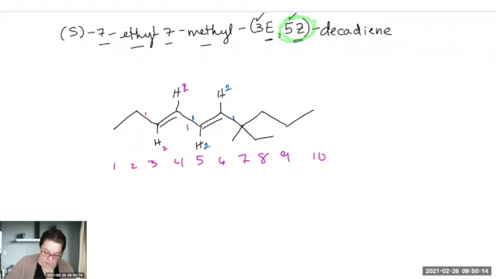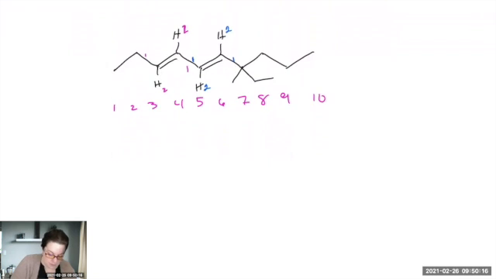Okay, so I need to do a little bit of a redrawing here. You can erase and redraw if you want. I like to redraw it. Okay, carbon 3, I have my alkene. Oh, and on carbon 5, don't draw it just yet.